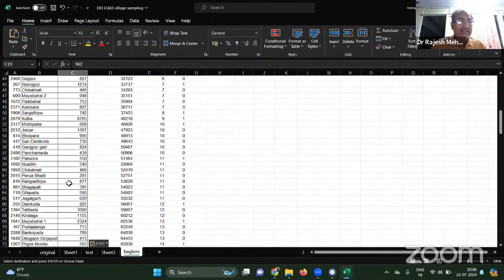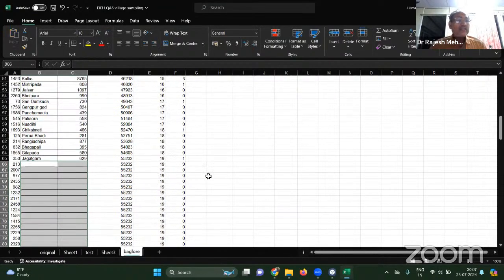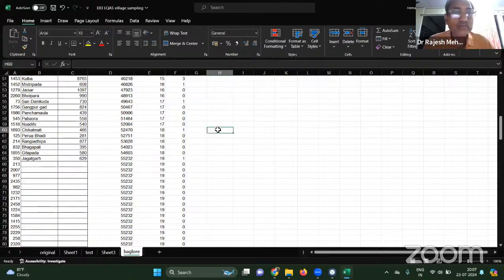And the additional data, except Bangalore, you remove. So now the Bangalore city data is available with you.